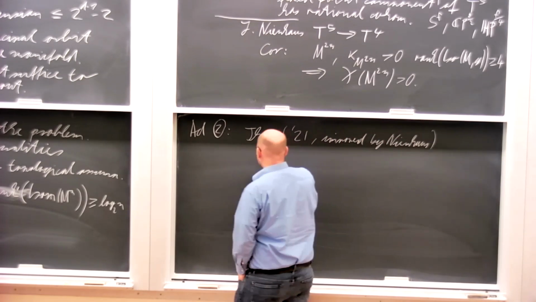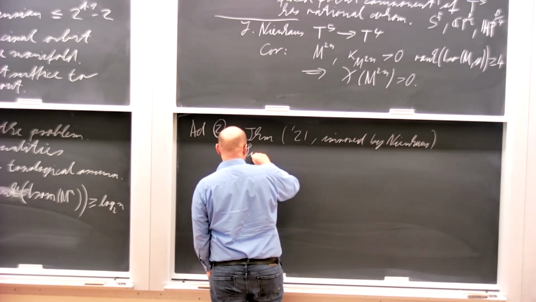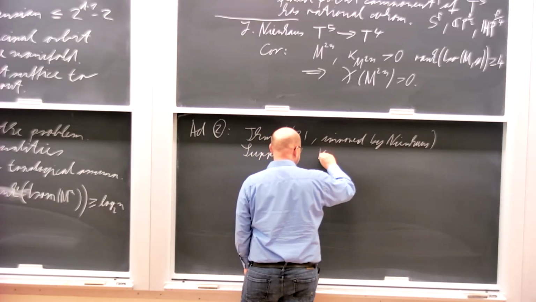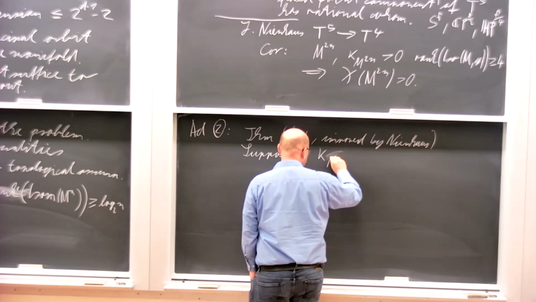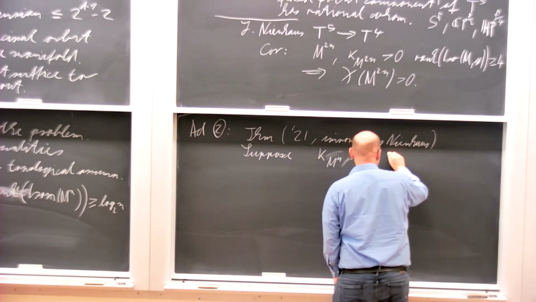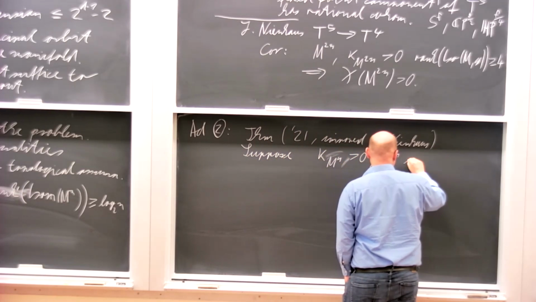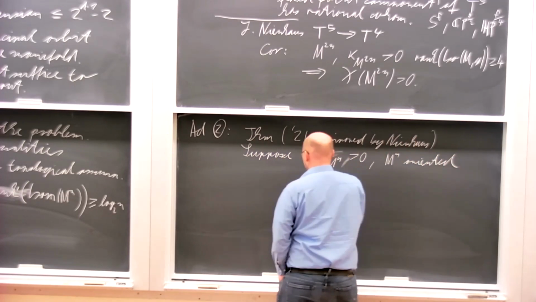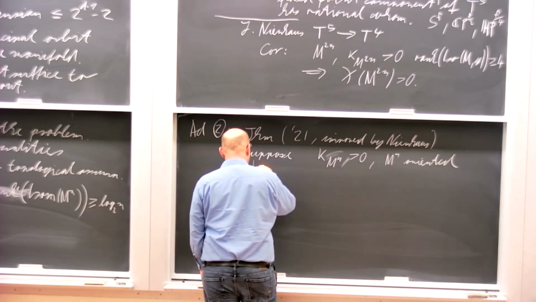So suppose we have positive curvature, so M^n has positive curvature. It's oriented. And we now make a topological assumption.